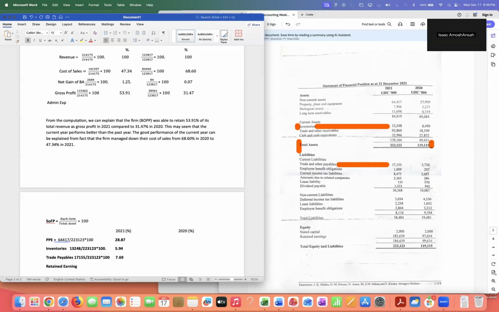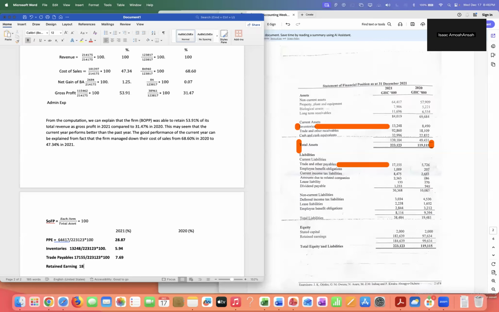Yes, Precious, your hand came up again. With the trade payable, why didn't we divide it by the total liability, but we divided it by the total assets?